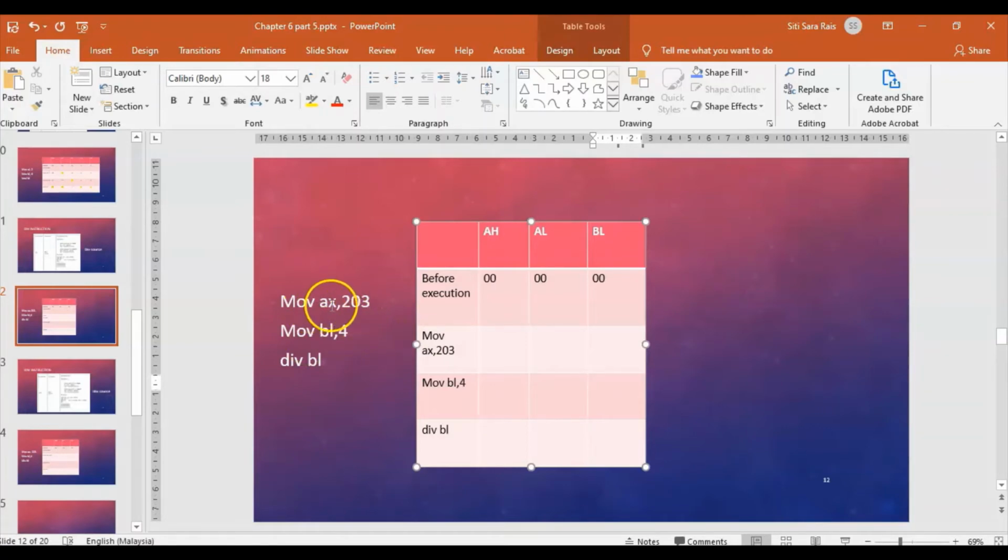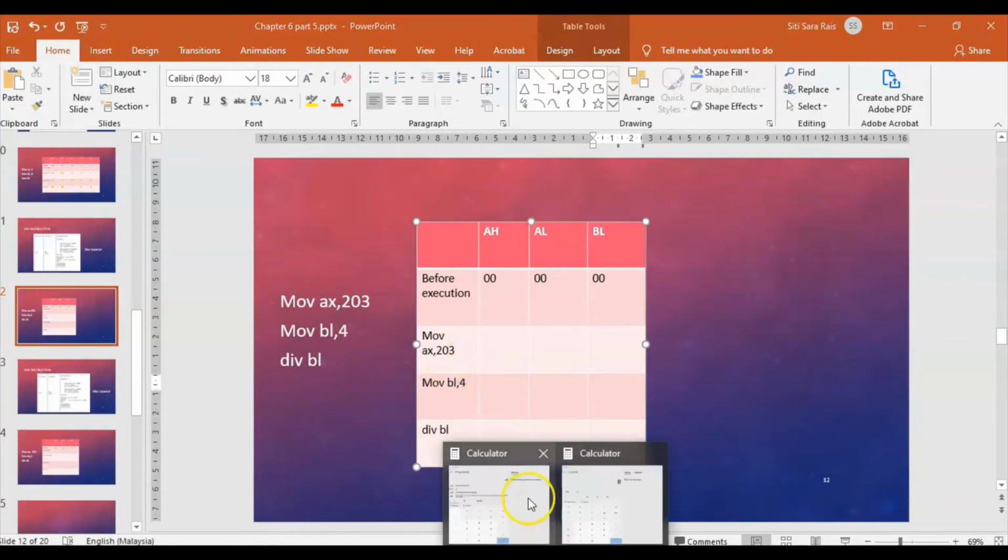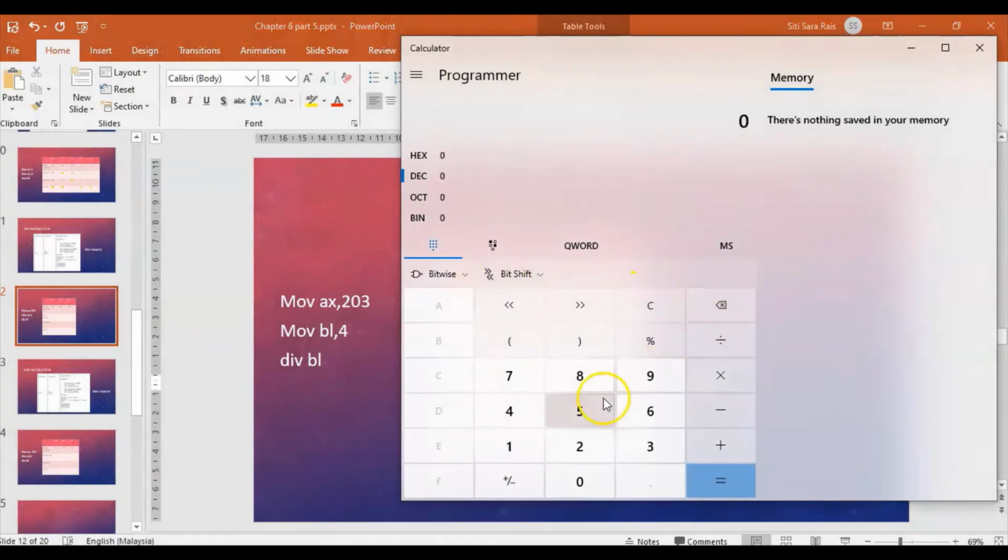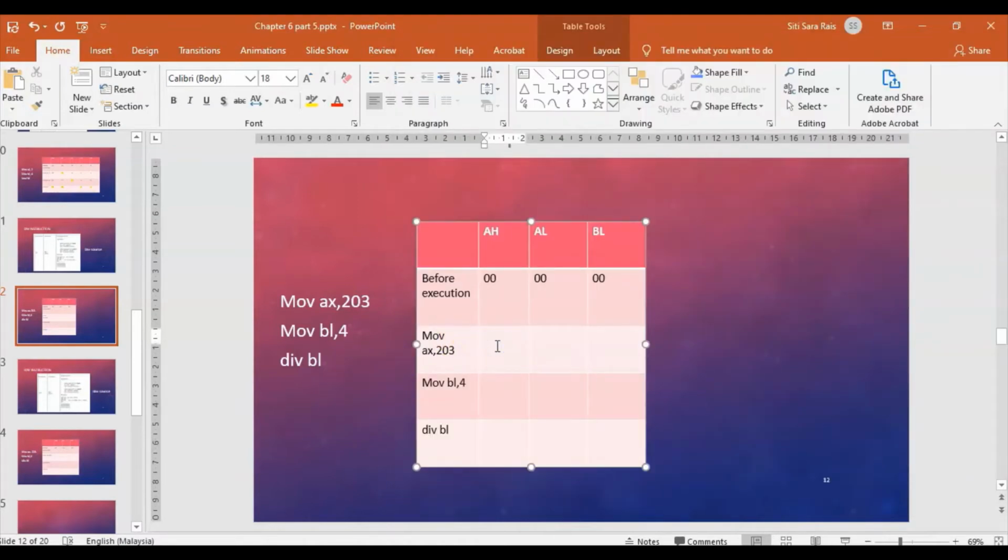First the instruction MOV AX, 203. 203 is equal to CB, so AX will have 00CB. Then MOV BL, 4, so BL will have 04. And the last instruction is DIV BL, the division between AX and BL.